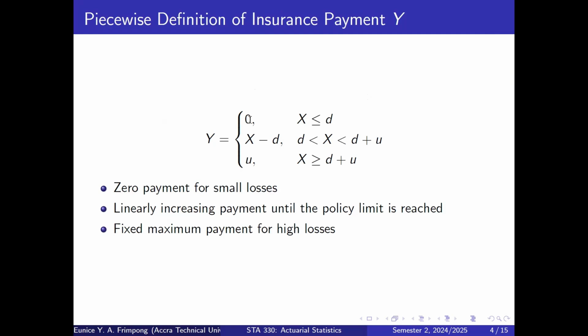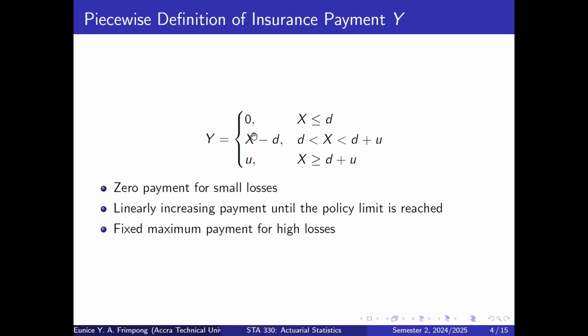Y is equal to 0 when X is less than or equal to D. Once the loss does not exceed the deductible, the insurance payment, which is what the insurer pays, is 0. The insurer pays nothing. Everything is borne by the insured.